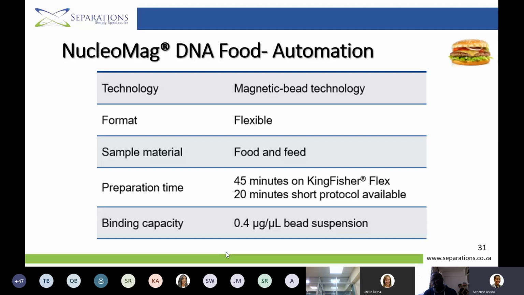There's also a magnetic bead-based format of a kit that will allow you to automate extraction of DNA from large sample volumes or numbers of samples, allowing high throughput within reasonable times.